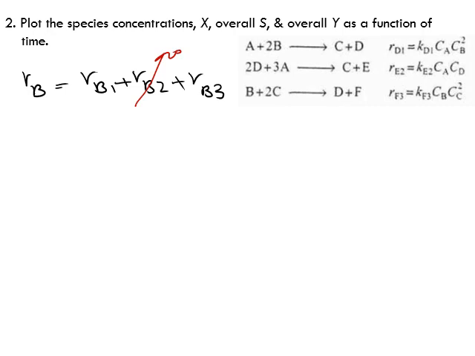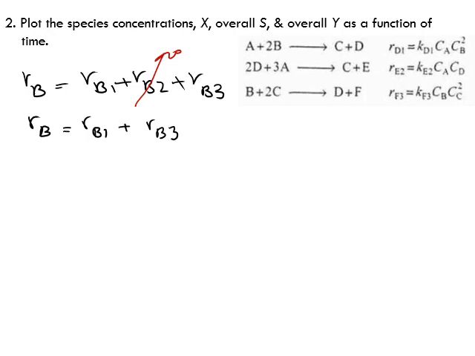So I'm remaining with RB equals RB1 plus RB3. What does RB1 equal?